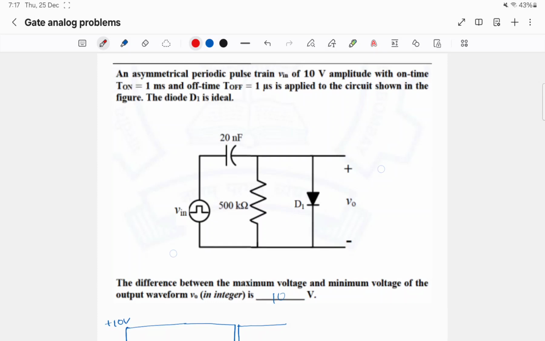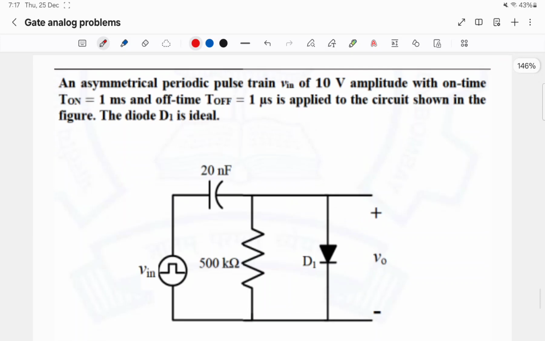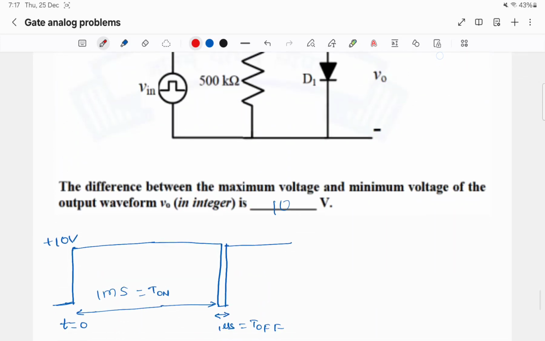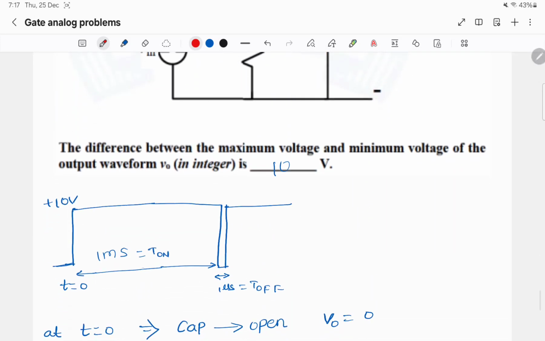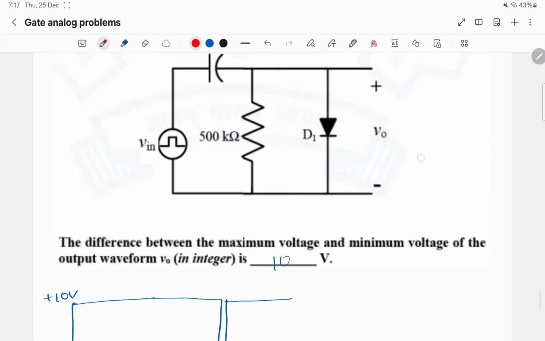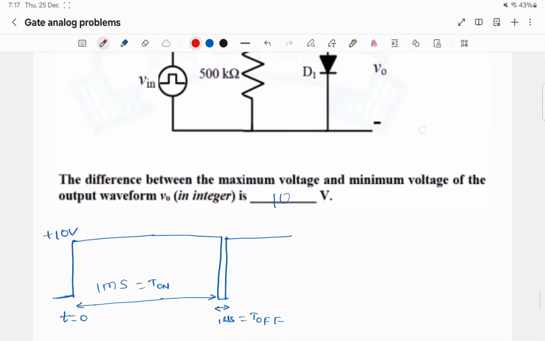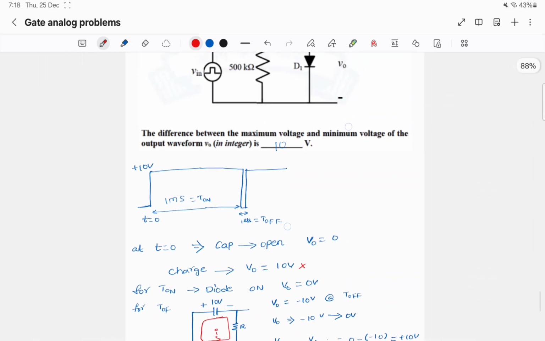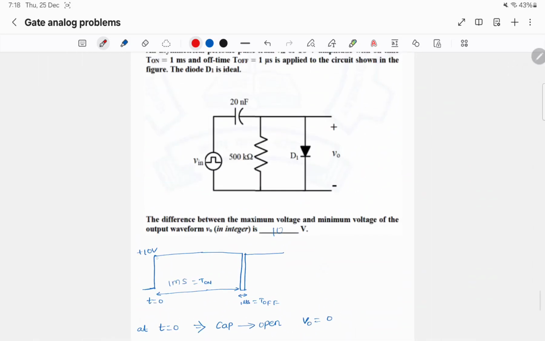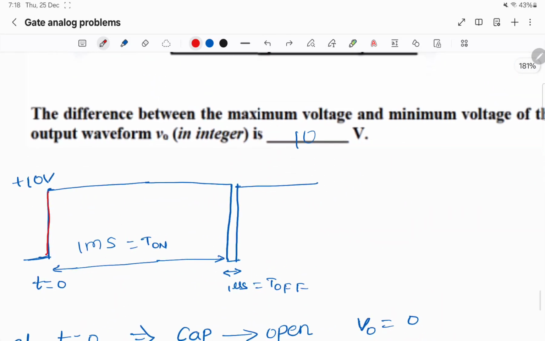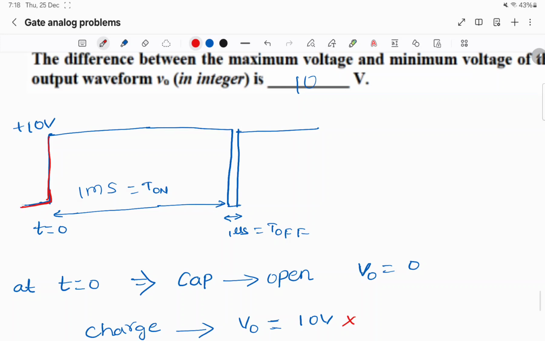Here it is given that we have applied a pulse input to the circuit, and the on time of the pulse is 1 millisecond and the off time of the pulse is 1 microsecond. Here the basic thing to note is what we'll think at t equals 0: the frequency content omega is infinity.